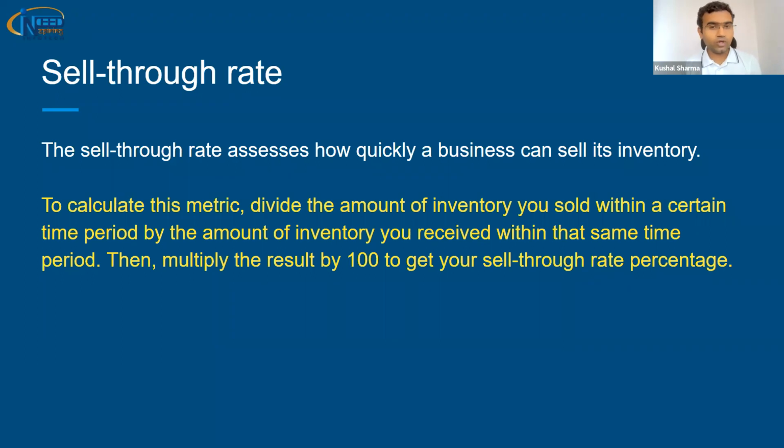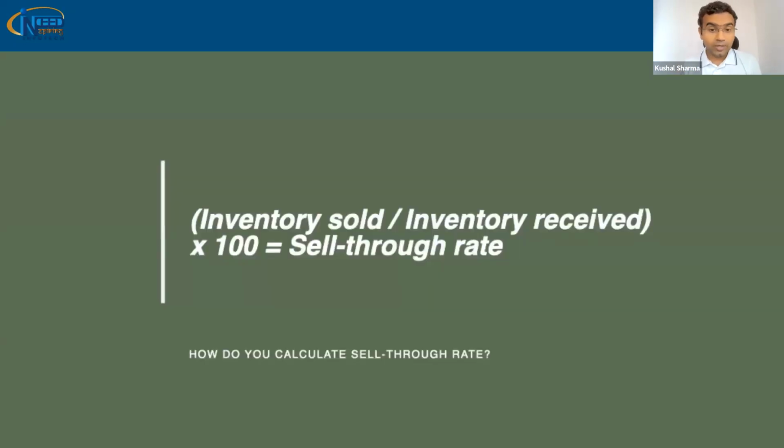Sometimes we have a lot of stock, normally in retail or any business with a regular commodity required weekly or monthly by consumers. Many times there is so much inventory that is not saleable, and that leads to loss. If you have dead stock, that leads to loss. Here, inventory sold divided by inventory received, multiplied by 100, is the sell through rate.